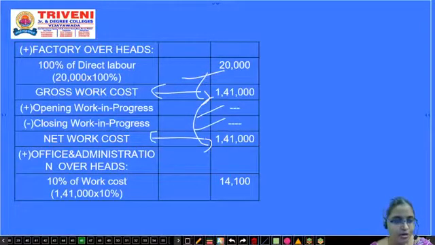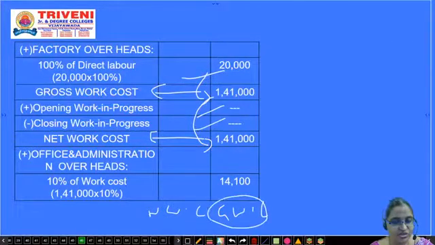After that, put the heading office and administration overheads. It's just a heading. Under that heading, you take the item 10% of work cost. They said in the problem 10%. Office and administration overheads was 10% of work cost. Work cost here could mean net work cost or gross work cost, so you must consider the gross work cost only.